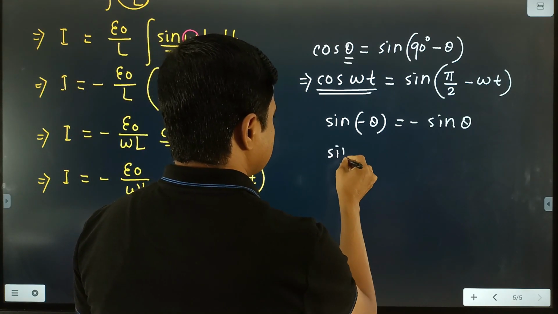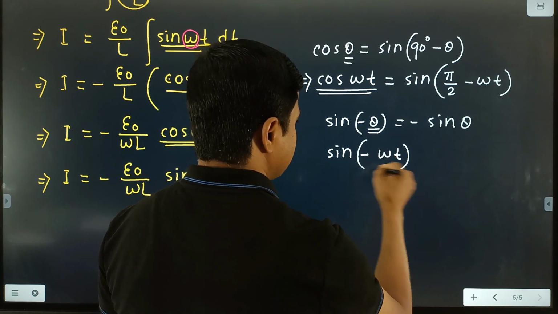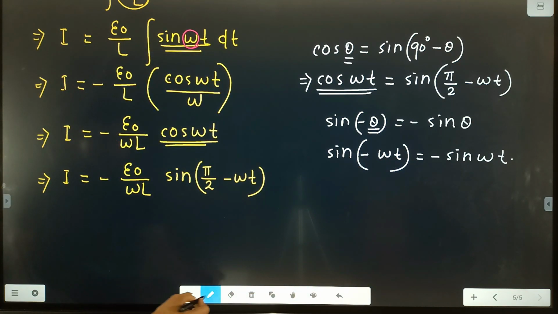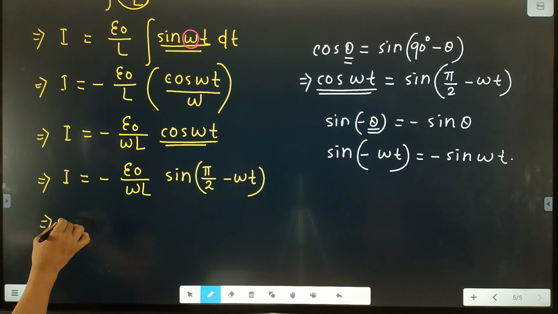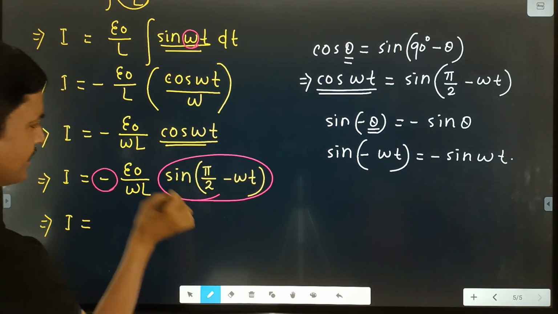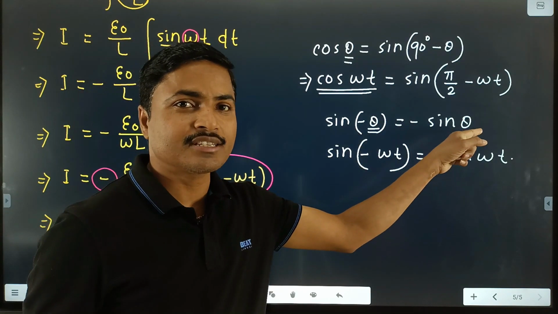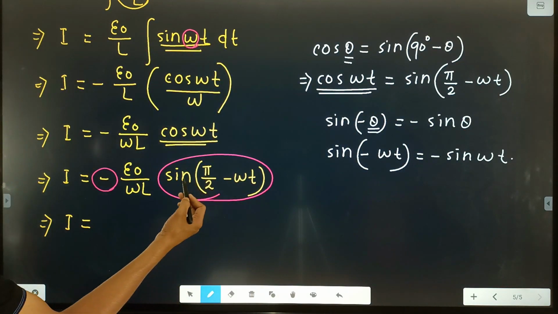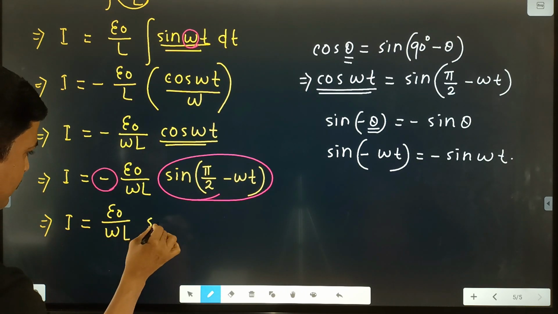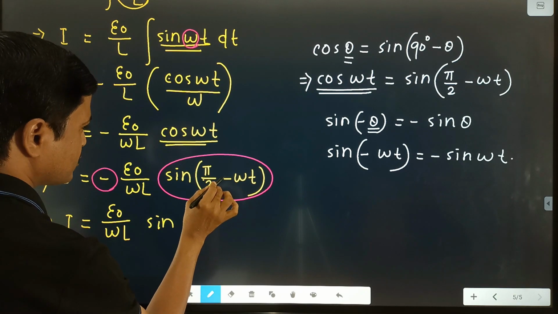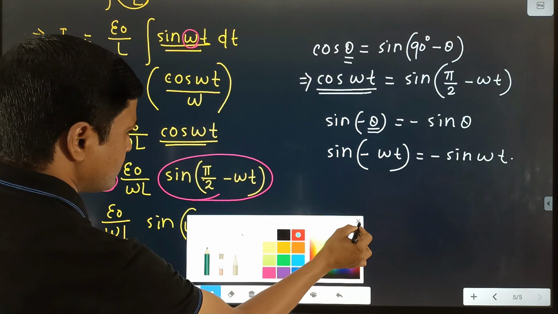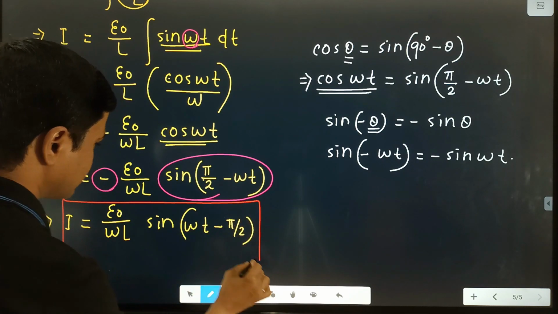We put this equation here, so that instantaneous current I is equal to E0 by omega L into sin of omega t minus pi by 2. This is the final expression of instantaneous current.